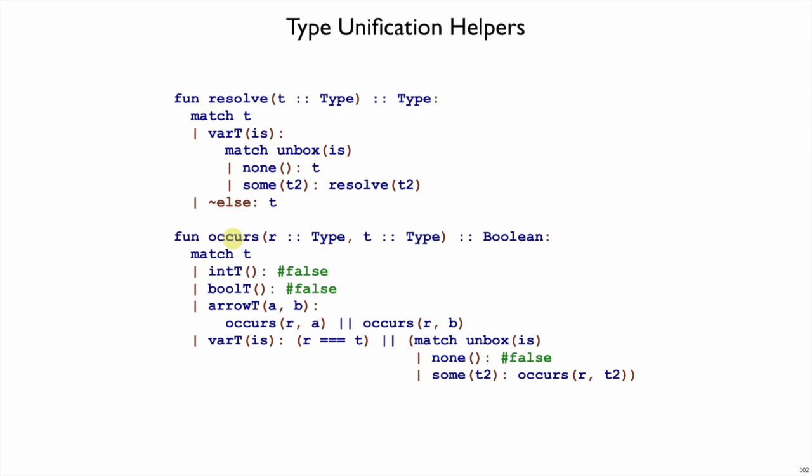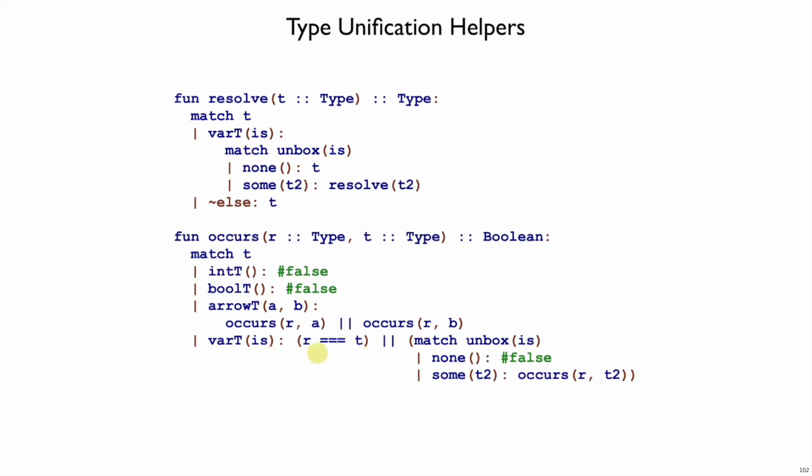Occurs, on the other hand, does need to look inside of arrow types. We're checking whether r appears anywhere inside of t. And if t is just int or bool, then r does not appear there. If t is an arrow type, then we need to check the argument, and we need to check the result type to see if r is anywhere in there. If t is a type variable, then if r is in fact exactly t, we have found it, it does occur somewhere.